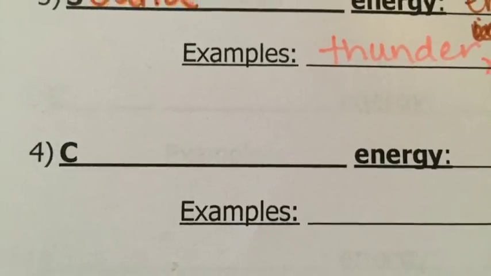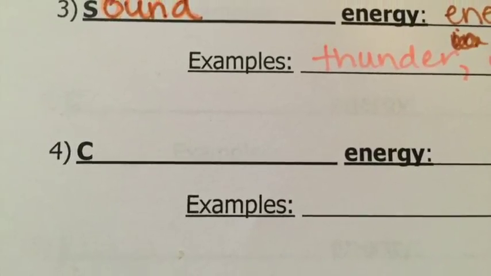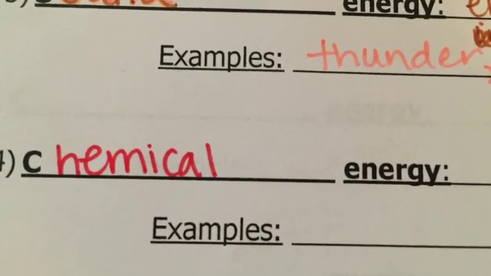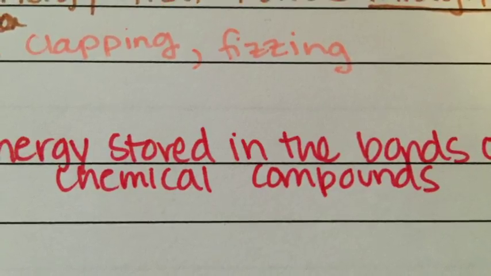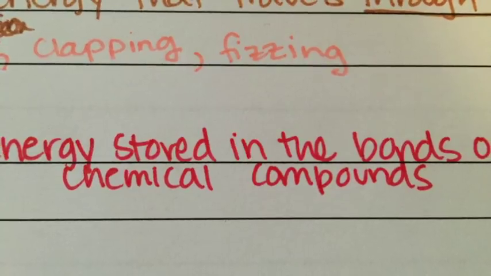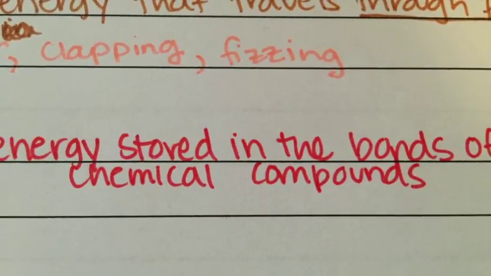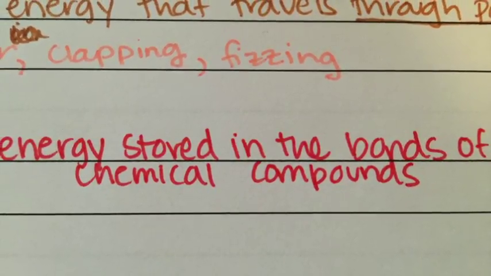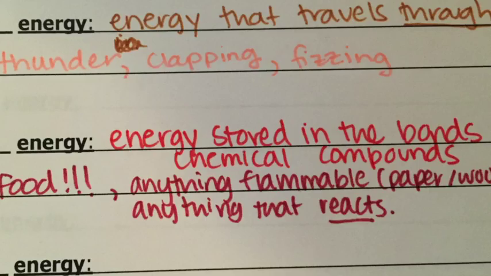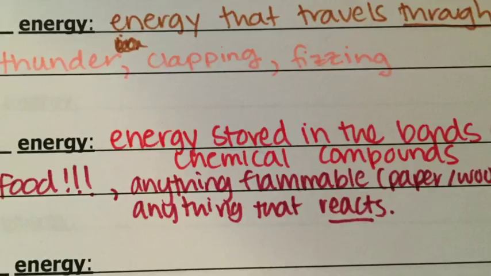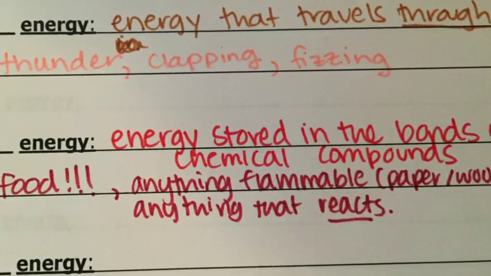Our fourth type of energy starts with a C, and that's going to be our chemical energy. Chemical energy is going to be energy that is stored in the bonds of chemical compounds. It's energy that exists within a compound, and it's that potential for that compound to react. Examples are going to be food. Food is a big example of chemical energy.